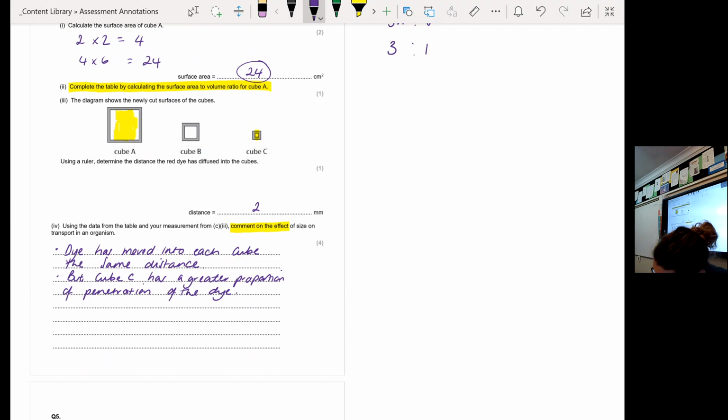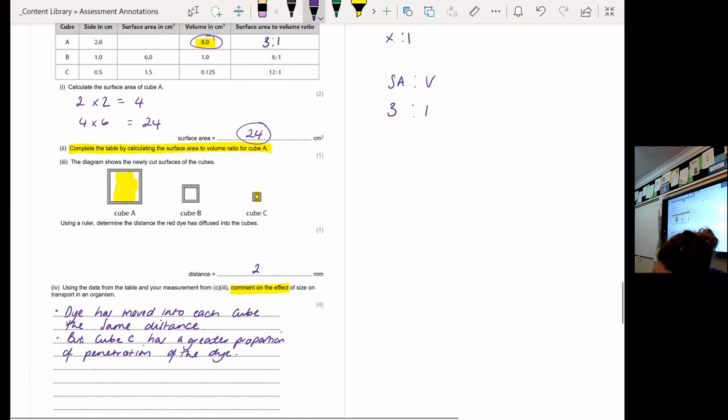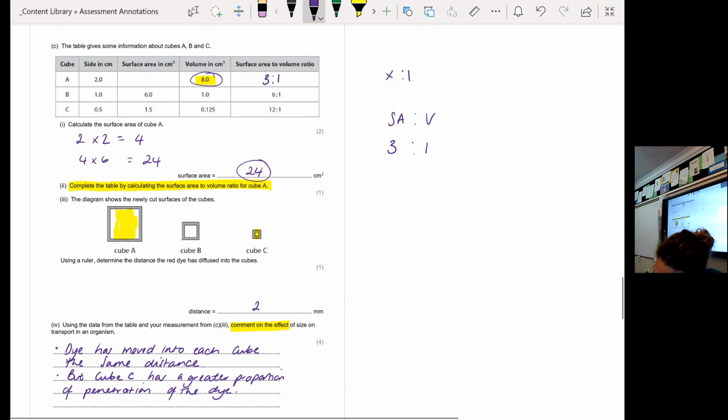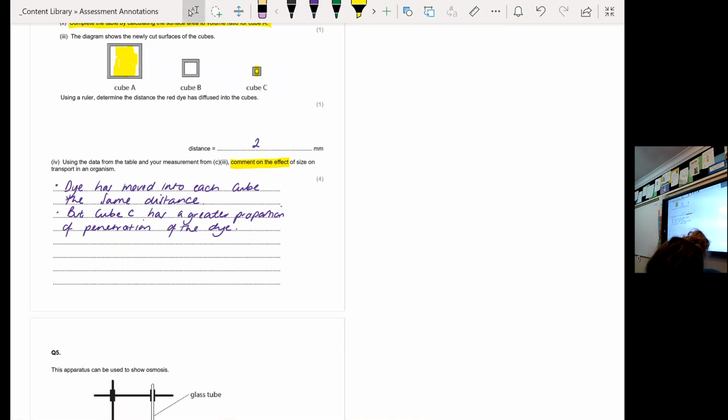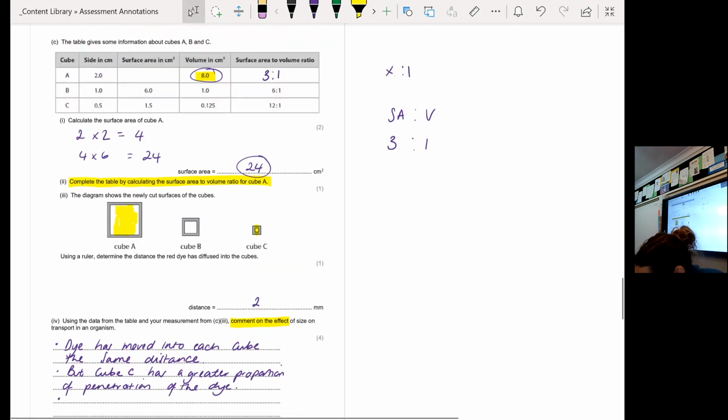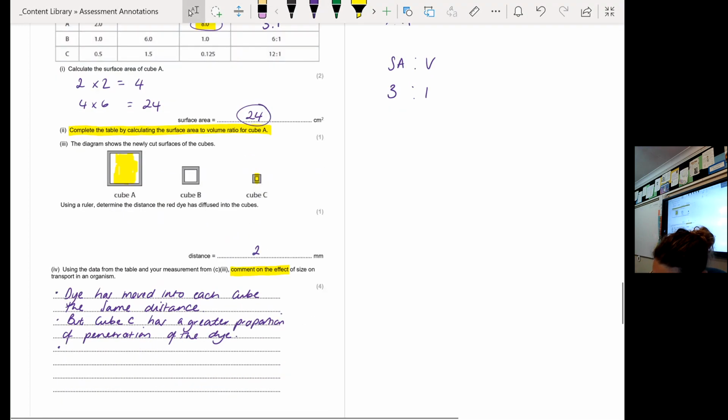Now I can therefore see from my table that as my cube gets smaller, my surface area to volume ratio has increased. I also get a mark for talking about that, and that's all information from the table. So far, I haven't used any of my own knowledge. I've only used evidence from the table or the information that I can see.